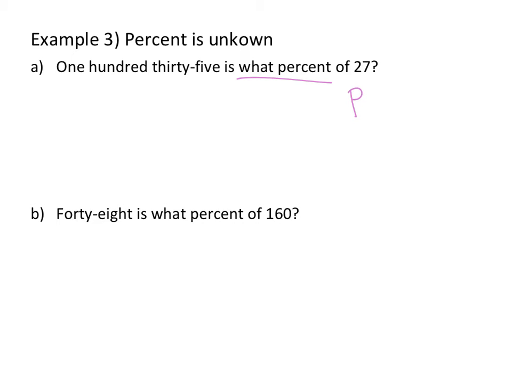This of tells me that this is my base. 135 becomes my A, and I'm trying to find my P. So we have A equals P times B, so I have 135 equals P times 27. I'll divide by 27.